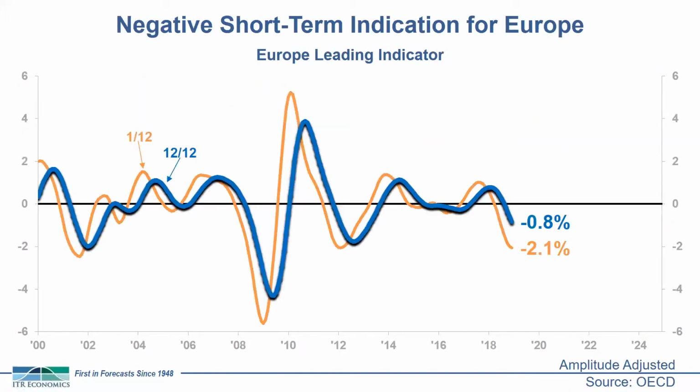The Europe leading indicator certainly says that the rate of change decline will continue. So here the 12/12 rate of change, the year-over-year growth rate, you can see is now at negative 0.8%, and the 1/12 growth rate, which is the month-over-month rate of change, is actually at minus 2.1%.